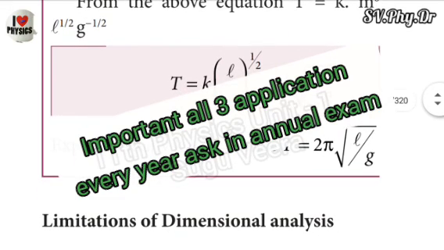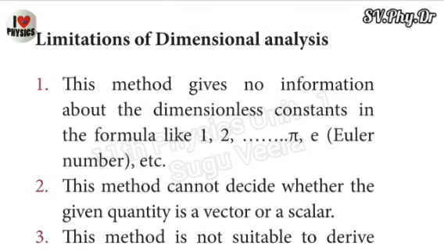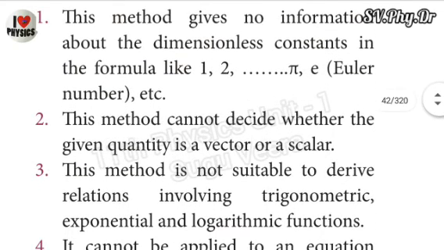Next, an important 3 marks question: limitations of dimensional analysis. First point, this method gives no information about dimensionless constants in a formula like 1, 2, pi, and e, meaning Euler's number, etc. Second point, this method cannot decide whether a given quantity is a vector or a scalar.